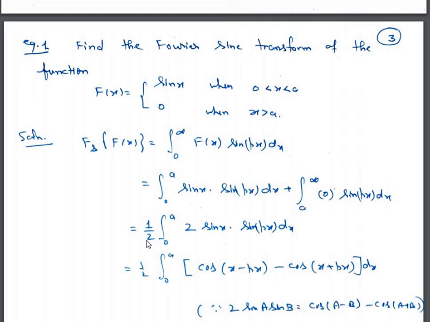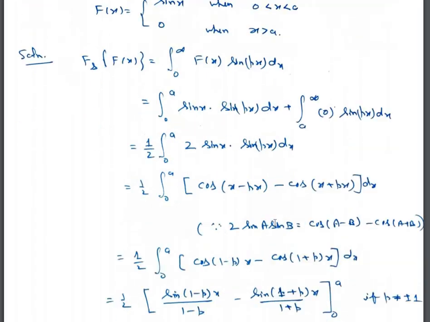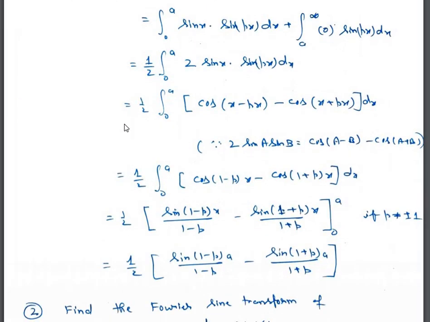and for this first term we divide it by 2 and then multiply it by 2. And now you know that 2 sin A sin B is given by cos(A minus B) minus cos(A plus B). So therefore this is equal to 1 by 2 integral 0 to a of cos(x minus px) minus cos(x plus px). Take x common from both the brackets. So we have 1 by 2 integral 0 to a of cos((1 minus p)x) minus cos((1 plus p)x).